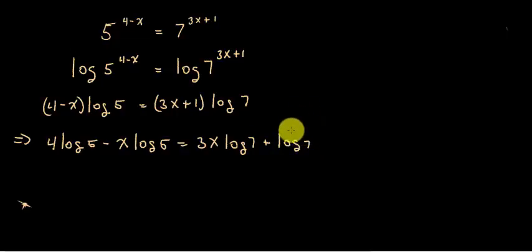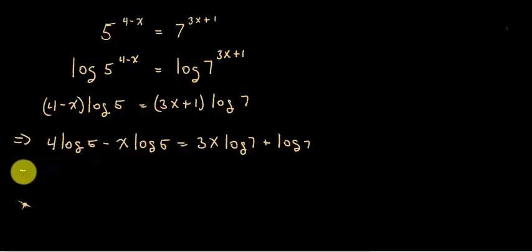And so now I'll go ahead and collect like terms, with respect to x. I'll get all of my x's on one side and all of the terms without x's on the other side. So I'm going to subtract this log 7 over to this side of the equation and add this x log 5 to this side.